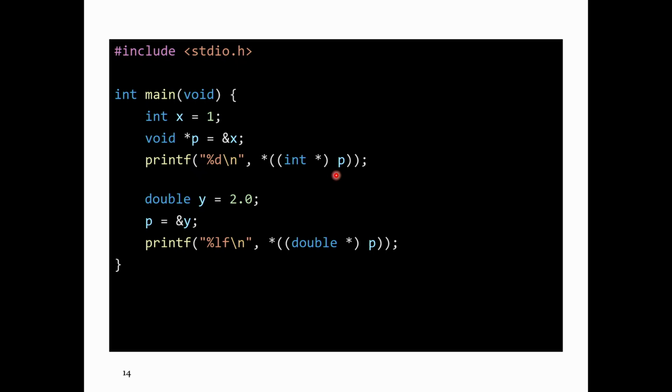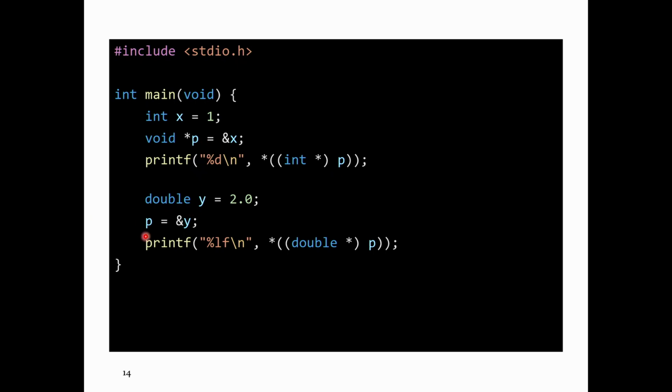Then remember, to get the value of x, you write star p. So we're going to have star p equals 2, and that changes the value of x to 2. So the star in front is the pointer dereference operator. Okay, good. All right.